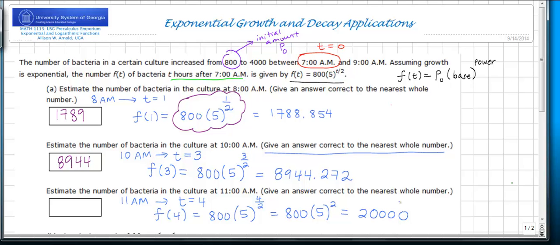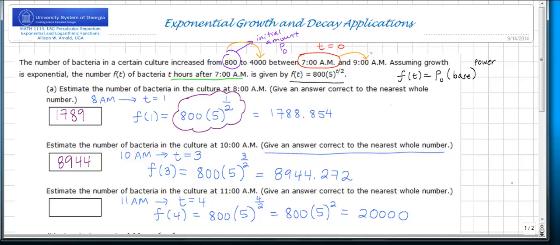Now, let me make a point here, just so you understand exponential growth. If I jump from 800 to 4,000 in 2 hours, then every 2 hours I'm going to make the same relative multiplication in my final answers.